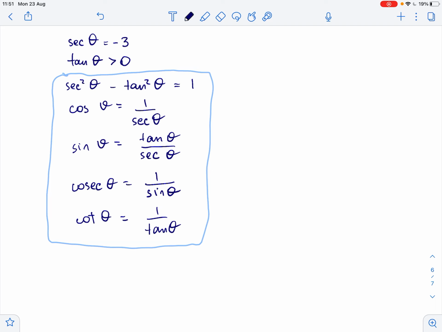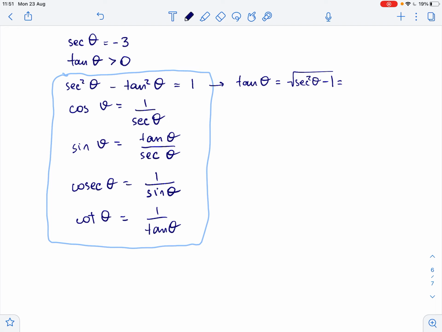So for instance, if you look at the first identity, secant squared of theta minus tangent squared of theta equals 1. It lets us find the tangent of theta, knowing secant of theta. So from this identity, we get that tangent of theta equals square root of secant squared of theta minus 1.